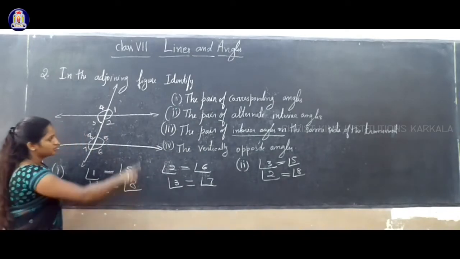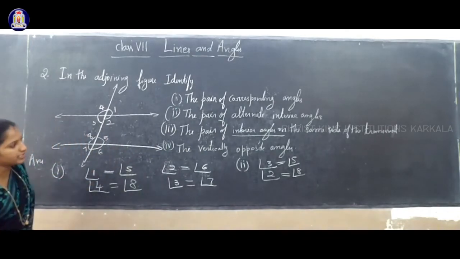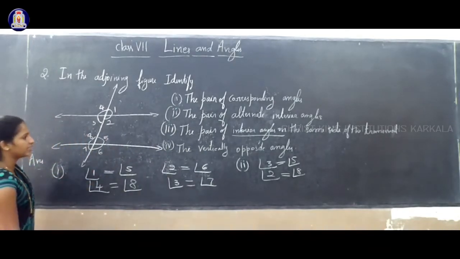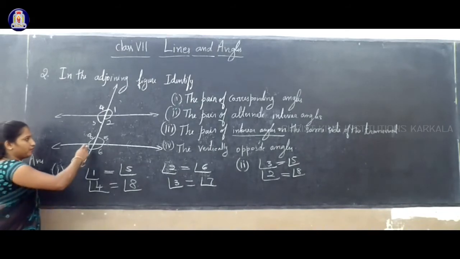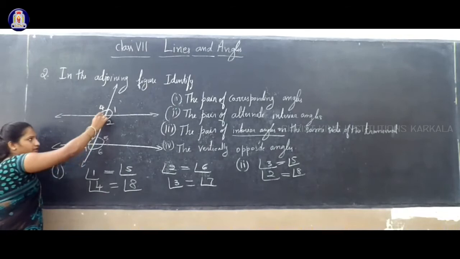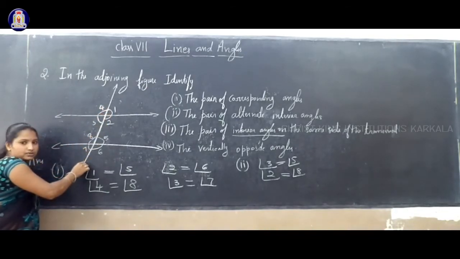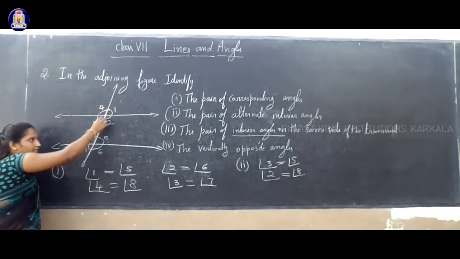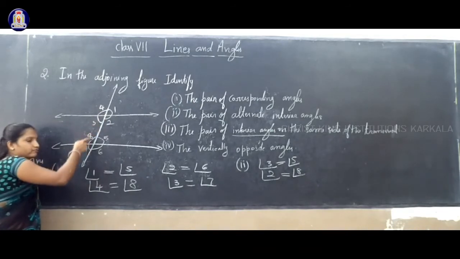That's all. Clear? So now third one, the pair of interior angles on the same side of the transversal. So pair of interior. So angle 3 and angle 8, we can see, are on the same side of the transversal, right? So these two angles are on the same side of the transversal.